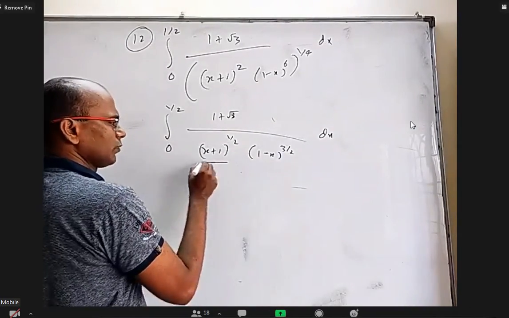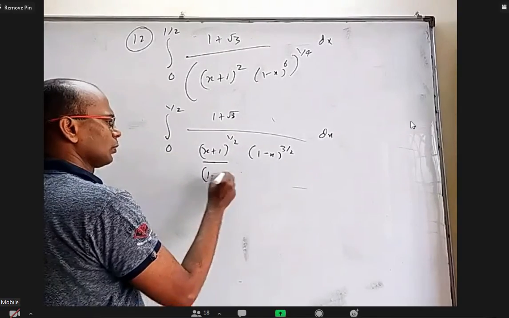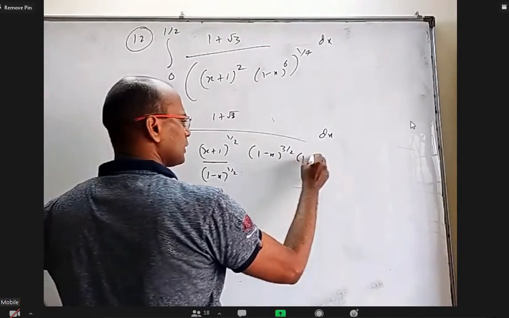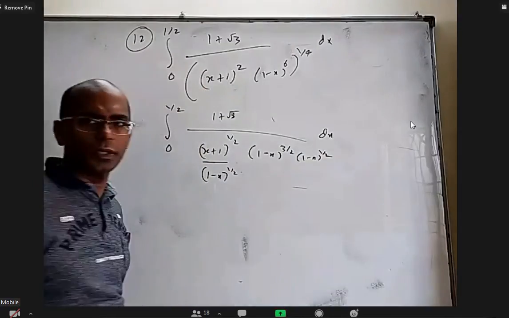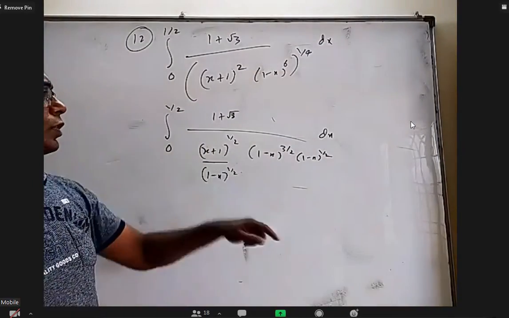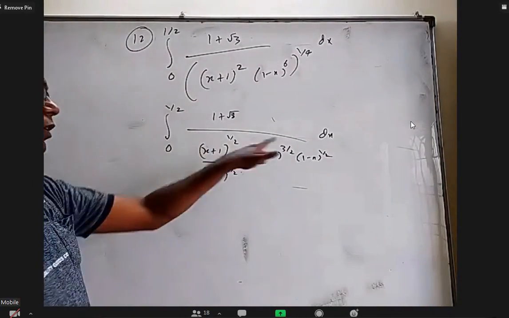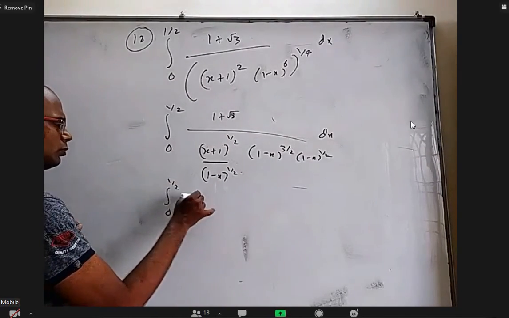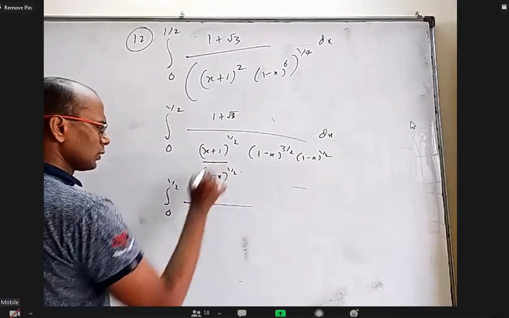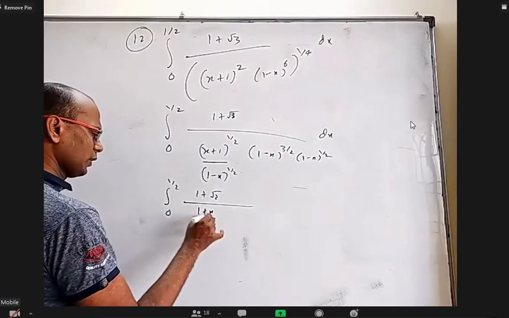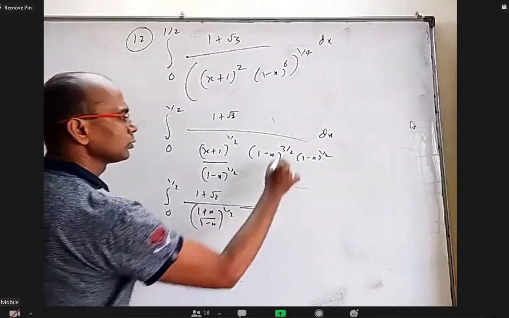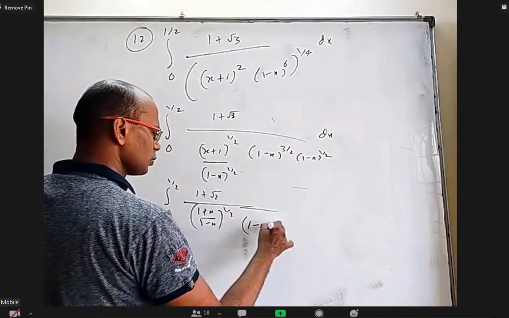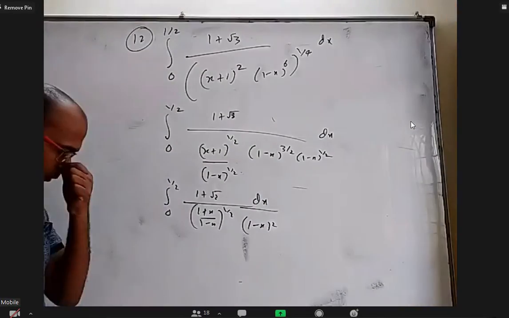You divide here by 1 minus x whole power 1 by 2, and multiply with 1 minus x power 1 by 2, so that this will become a square, and for this it will be the derivative. So it will be 0 to 1 by 2, 1 plus root 3, this will be 1 plus x by 1 minus x power 1 by 2, and this will be 1 minus x whole square with a dx.